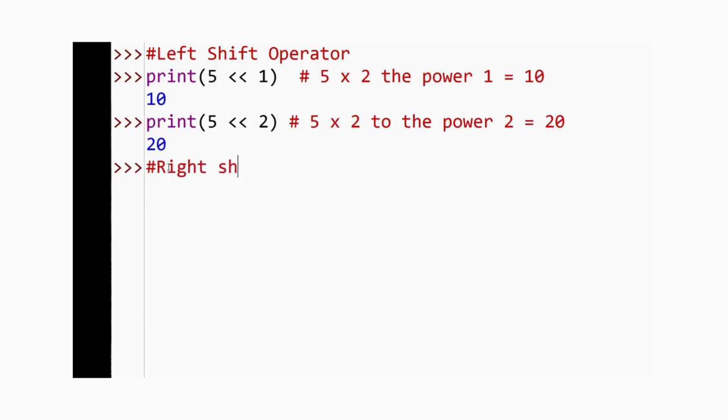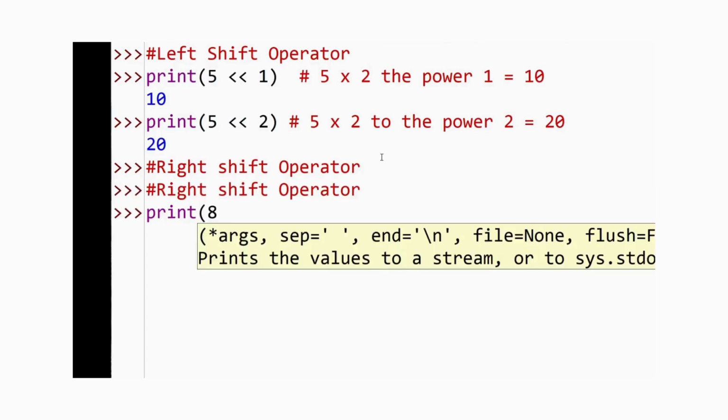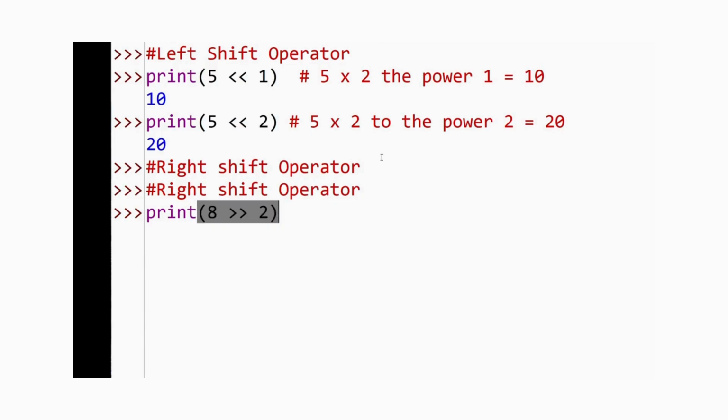Right shift operator. The rule is greater than greater than 2. How does it come? 8 floor division by 2 to the power 2, which is 4.